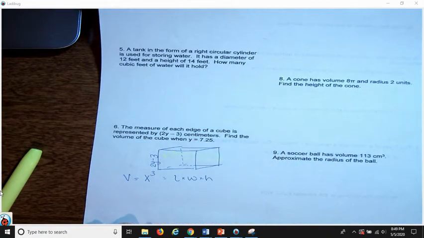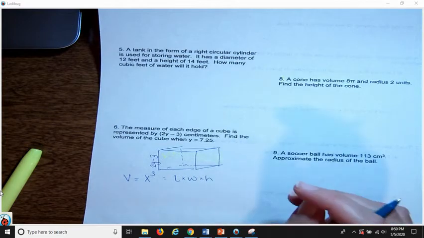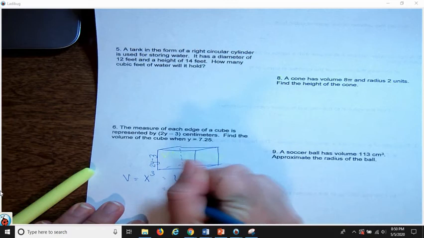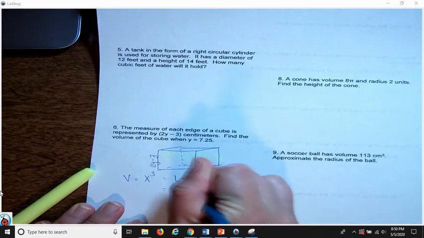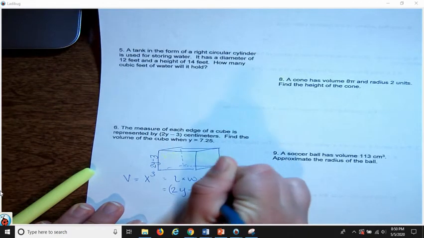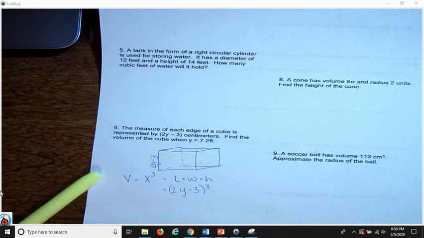And for a cube, length, width, and height happen to all be the same thing, okay? So there are 2 ways to do this. You might look at this and say, hey, this is just 2y minus 3 quantity cubed. You could cube that expression and then plug in y. That is going to take a long time.